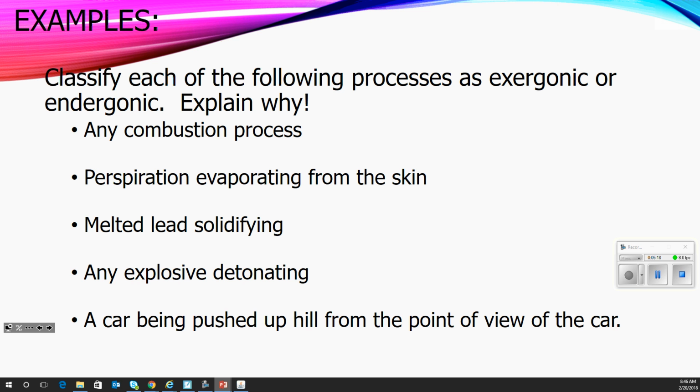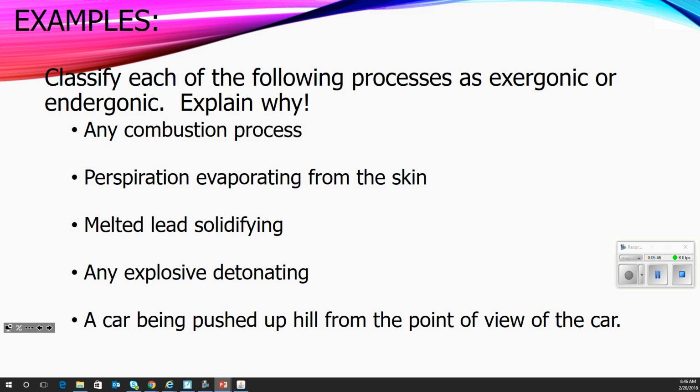Okay, perspiration evaporating from the skin. It's endergonic, good. We had to put energy in to get it to evaporate, right? So it's like heating water, like boiling water. We have to put energy in to boil it. Okay, melted lead solidifying. So it's going from a liquid to a solid.